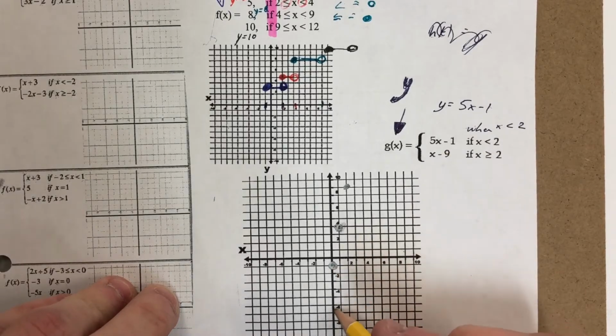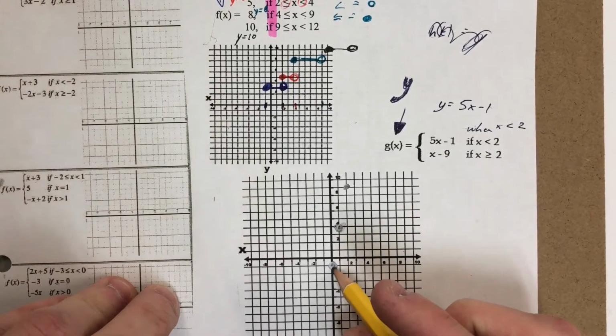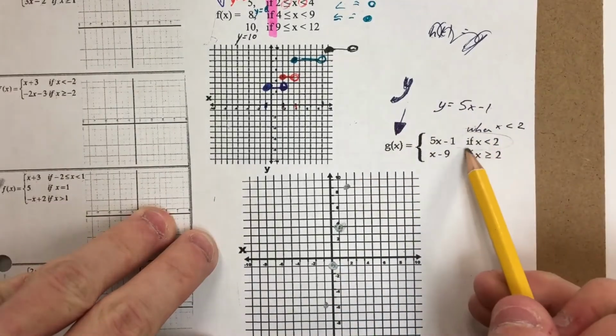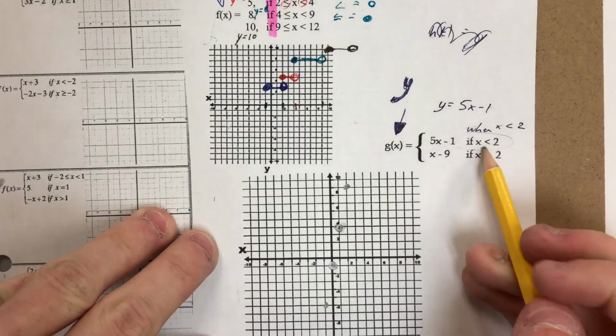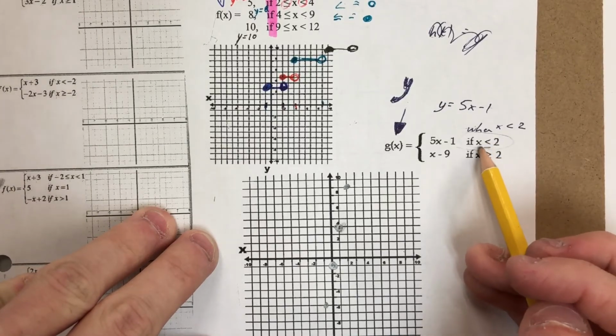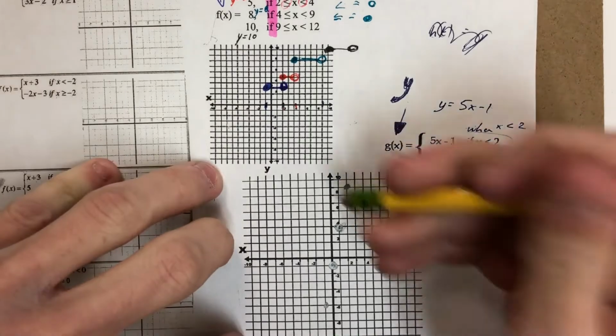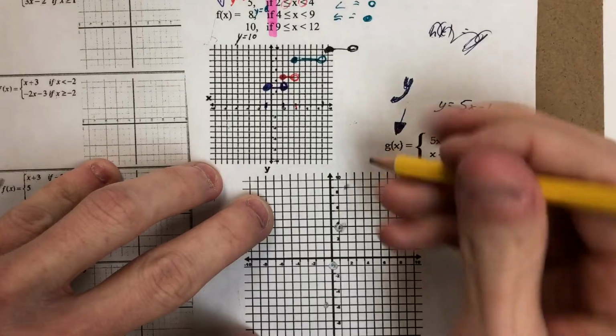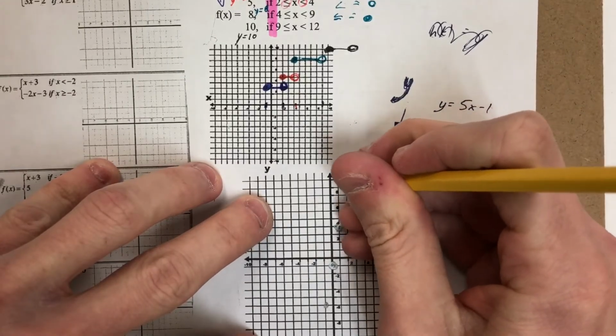We'll get to that in a second. We could also go down 5 and left 1. This is where this is going to come in. We know this isn't inclusive because it's not "or equals to." So x is less than 2. We have an open circle at an x of 2 for this graph. So it looks like that.